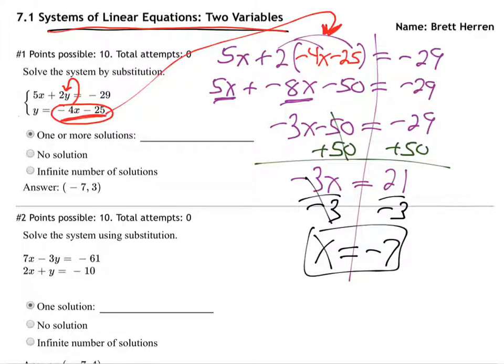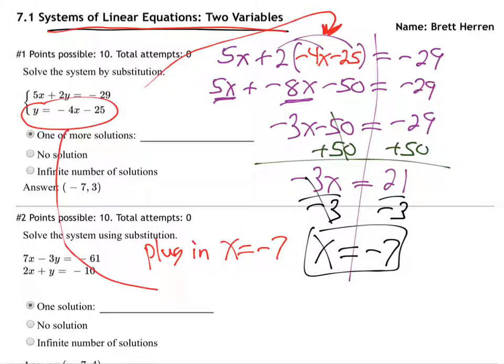Now how do we get the answer for y? So now we plug in x equals negative 7. You can plug that in anywhere you want, but the easiest place, since you want to get y now, would be to grab this y equation.